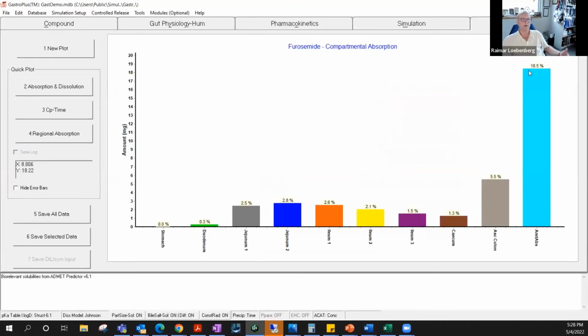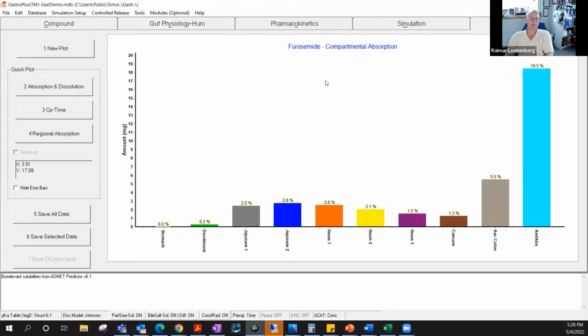So you can see here, a dispersed dosage form would decrease bioavailability. And this is because the drug has to dissolve and is slowly absorbed as it goes through the gut. And as you can see, most of the drug is absorbed in the colon, which is not the best.